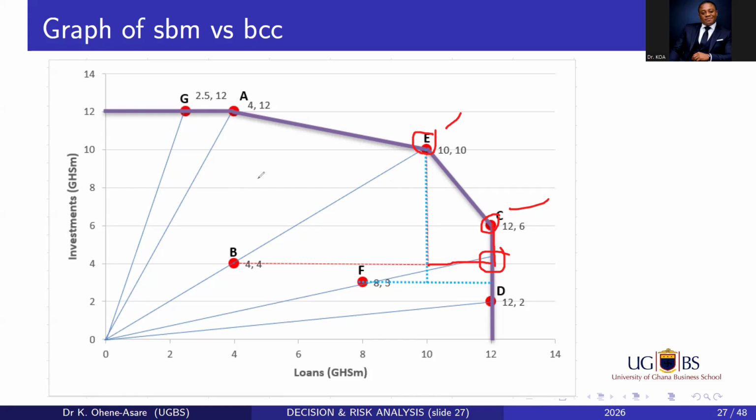And when it becomes stable like that, you now want to measure the steps. So it's going to calculate steps. How many steps do you need to get to this section? How many steps from the point 4 on loans? How much increase in loans does B have to have? Remember, the loans are in millions.